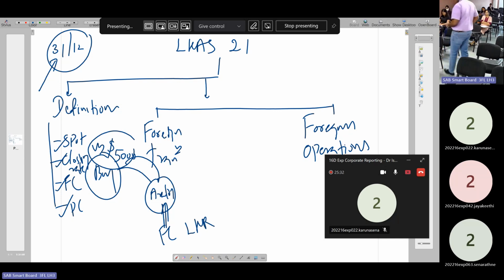Based on that, we need to select it. Functional currency, presentation currency. Then there are imports and exports, when it comes to foreign transactions.